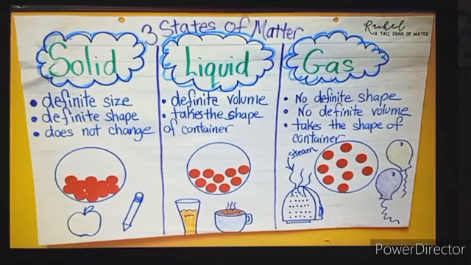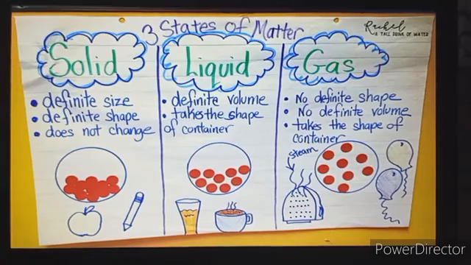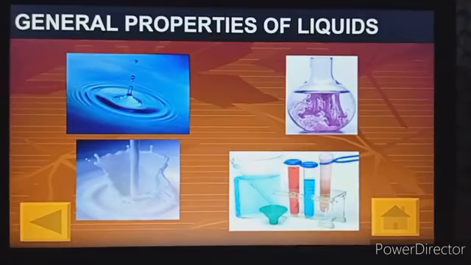Then we have discussed an activity which shows that a solid expands on heating and contracts when it is cooled down. Now, today we are going to discuss the general properties of liquids.